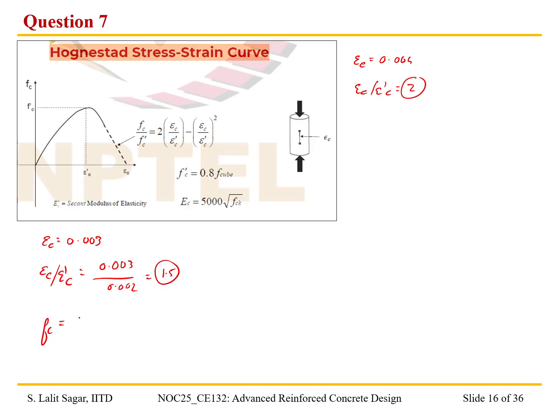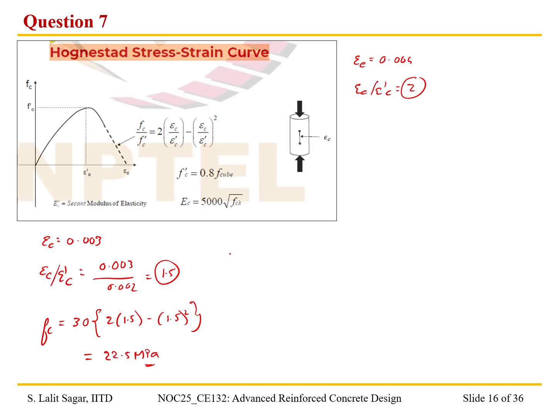Fc is equal to F prime c. Let us take out the 30 outside. 2 into 1.5 minus 1.5 square, okay, which gives us a value of 22.5 MPa, right?